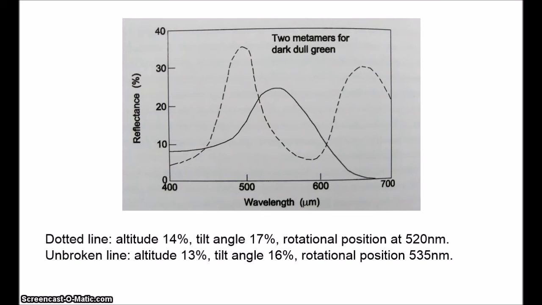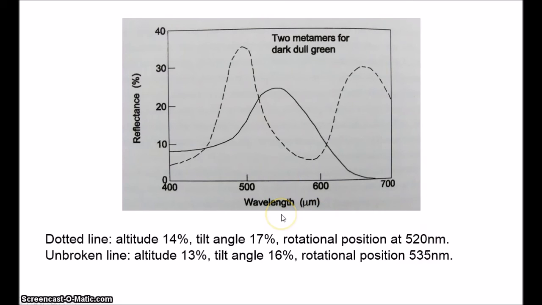And if we assume that altitude is brightness, we can see that these have a low altitude, so these are quite dark. If tilt angle is saturation, again, these have a low tilt angle, so these would be dull. And if rotational position is hue, we would expect these to be in the middle of the spectrum, so we would expect these to be greenish.